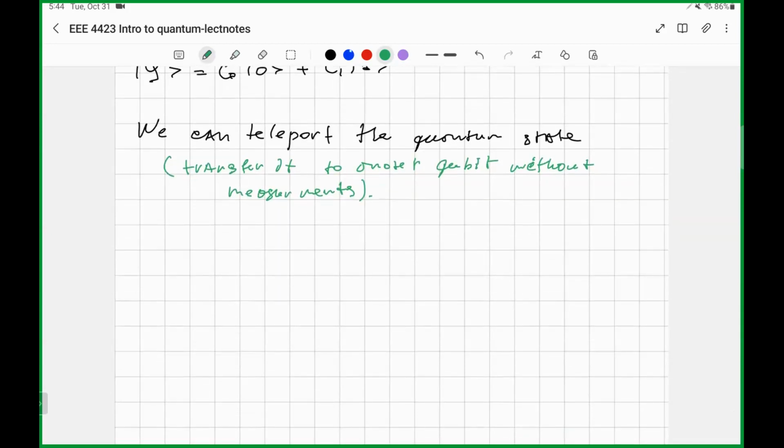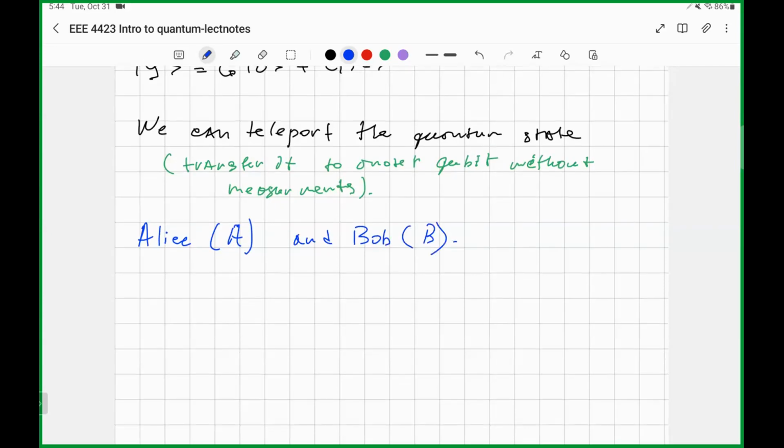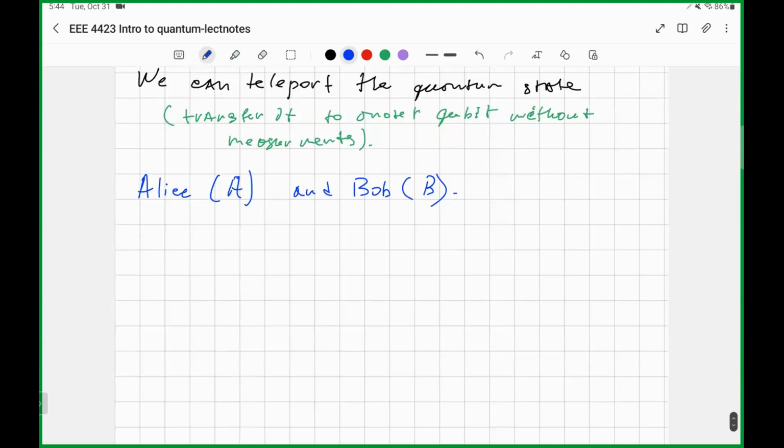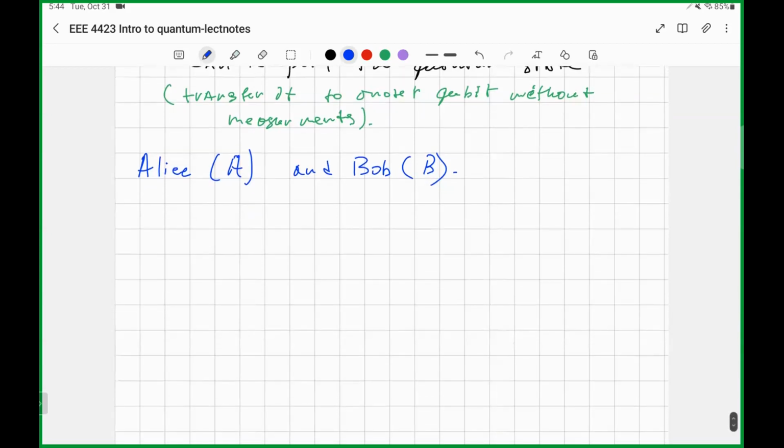At this point, usually people introduce these two guys, Alice and Bob. Alice we denote by A, and Bob by B. So, Alice and Bob, two persons, and let's suppose Alice and Bob create an entangled state, for example using the controlled X two-qubit gate.